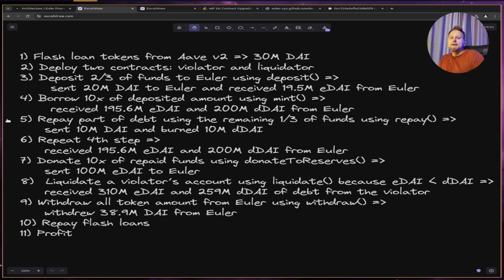Now, an interesting thing: the attacker repaid part of the debt using the remaining funds, and he repaid 10 million DAI. So why did he do that? That is because, because of the mint, he was not able to borrow anything more.